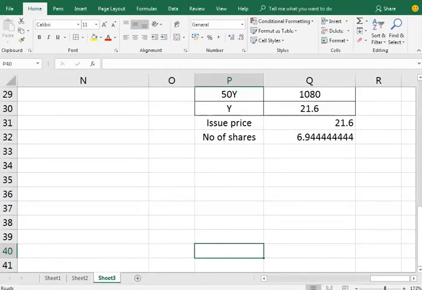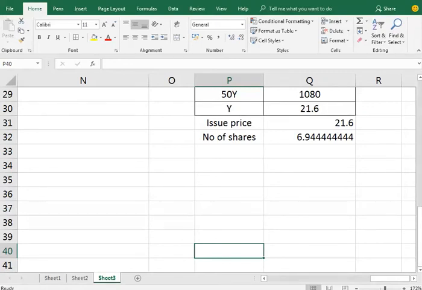That many shares have to be issued. 6 crore 94 lakh some number. Any doubts on this? Clear?